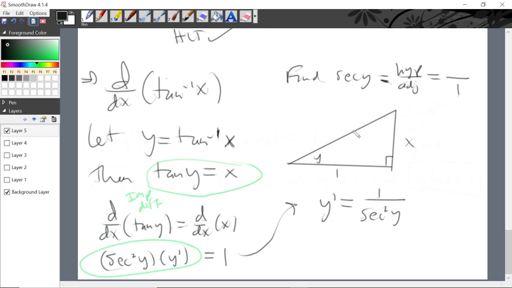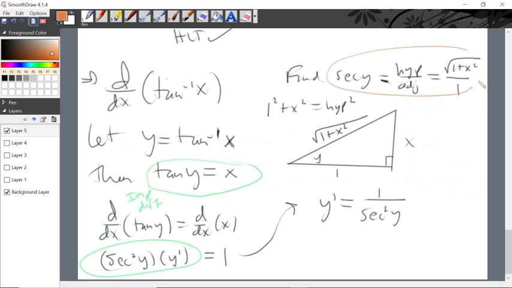By the Pythagorean theorem, 1 squared plus x squared equals the hypotenuse squared. So the hypotenuse is the square root of 1 plus x squared. So the square root of 1 plus x squared is the secant of y.